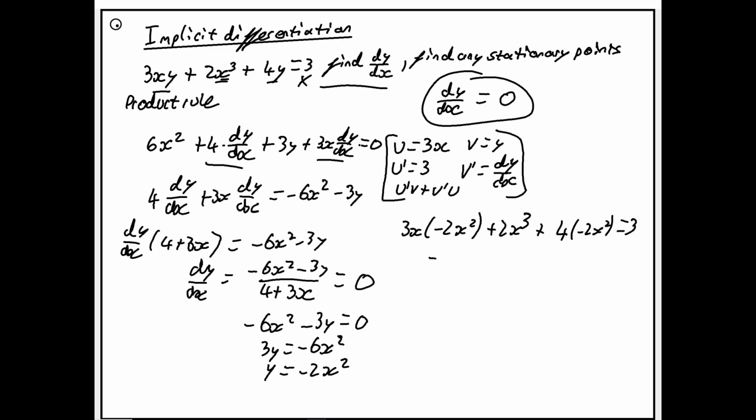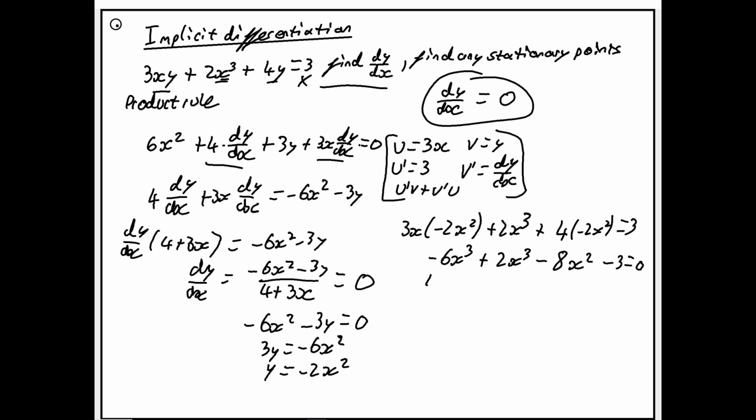So here we've got minus 6x cubed plus 2x cubed plus, actually minus 8x squared equals, actually let's just take the 3 off, put it on the same side.